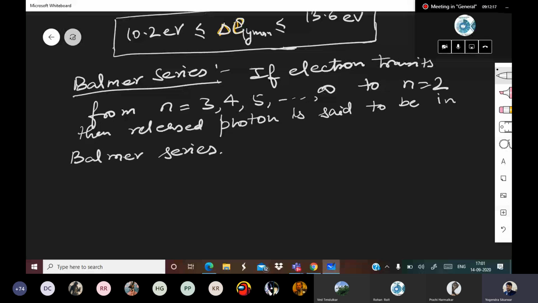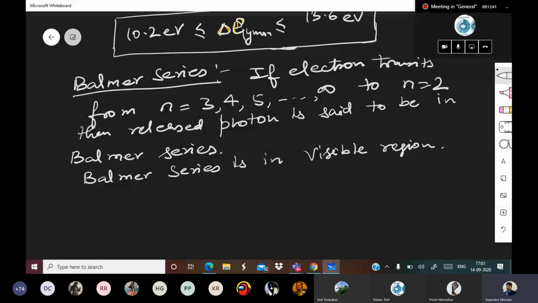The Balmer series is in the visible region. Basically, you can see it.